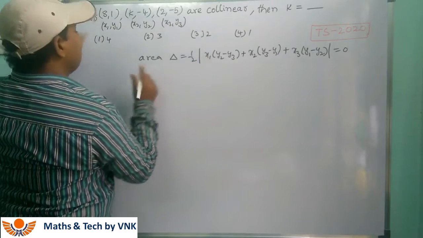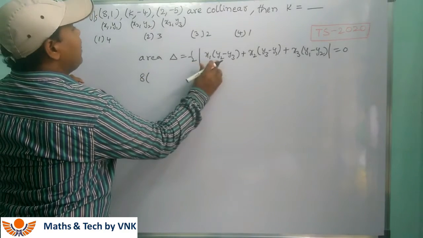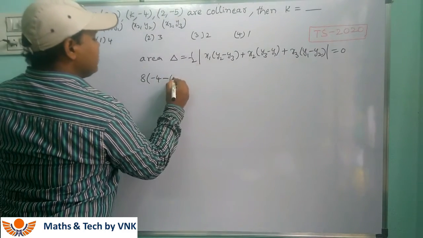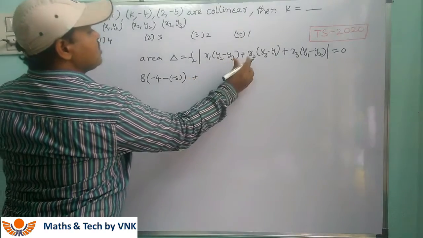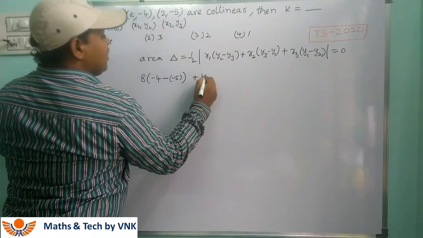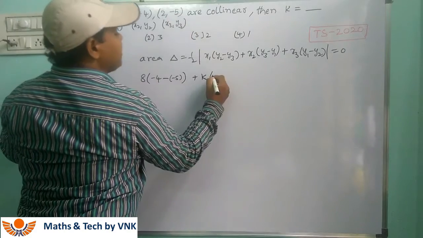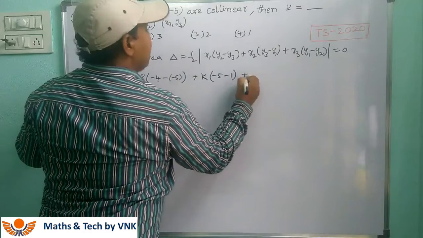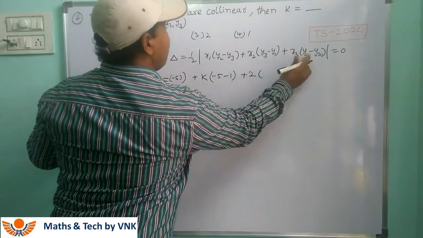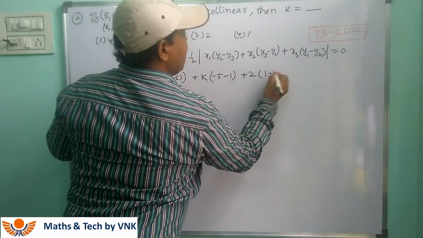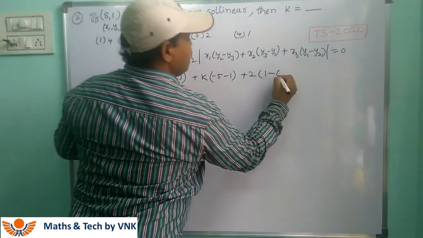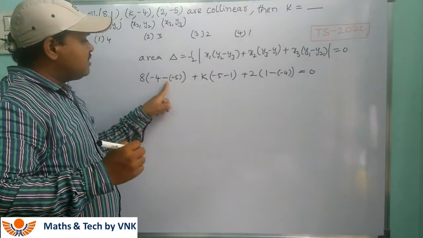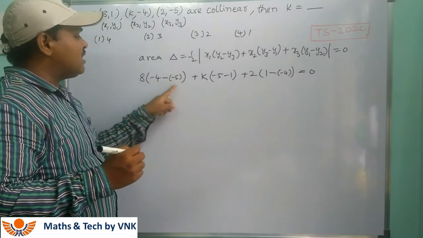So x1 is equal to 8 into (y2 is -4 minus y3 is -5), so -5 plus x2 is k into (y3 is -5 minus y1 is 1) plus x3 is 2 into (y1 is 1 minus y2 is -4) is equal to 0.